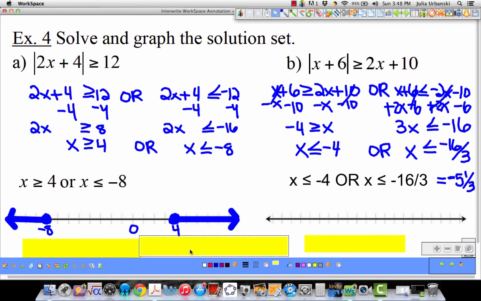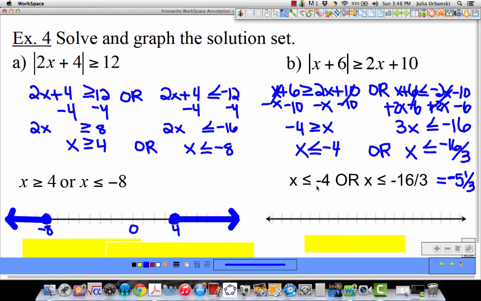So these are the two numbers we're going to graph. So I'm going to start at the -4, and I'm going to make a filled in circle. So zero is here, -1, -2, -3, -4, and then -5. I'm going to start at the -4, make a filled in circle, and my arrow is going to be to the left, less than. It's pointing to the left.